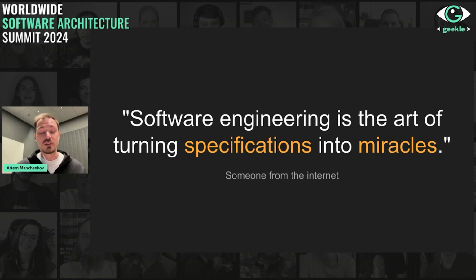It says, software engineering is the art of turning specifications into miracles. The meaning of this quote is that if you have proper requirements and instructions, you can build literally any software that might be a miracle for someone. And I think everybody knows that it's true.